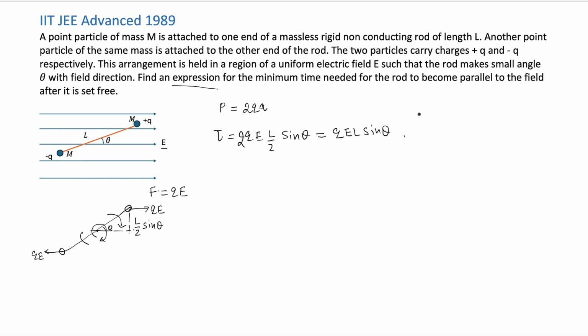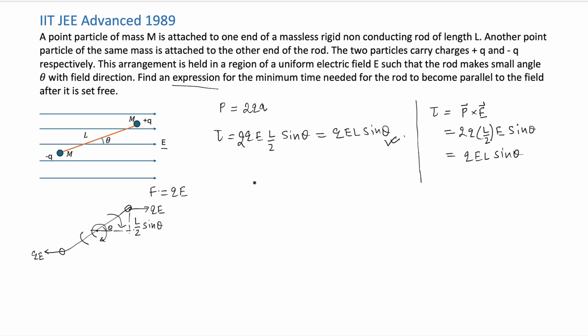Okay, now somebody who knows about dipole, they know that torque is given as P cross E, and the P is 2q, a is L by 2, and the angle between P and E is theta, so P E sine theta. Okay, QE L sine theta, similar to what we have got here.